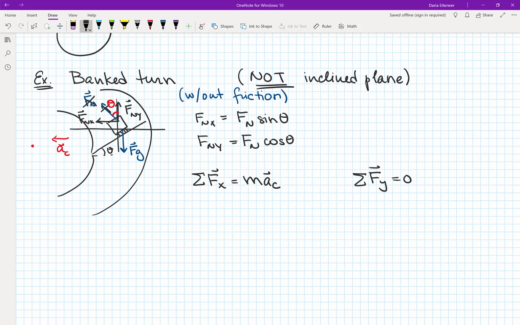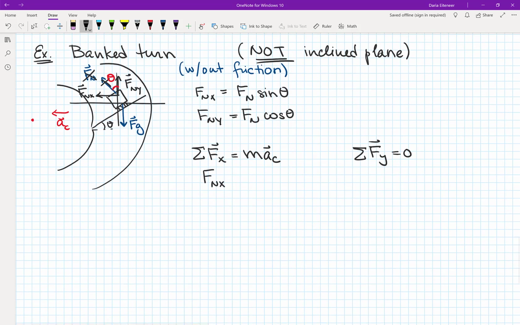So the car is not jumping up and down or falling through the surface, nothing of that sort. So for the x direction, I only have Fnx contribution, right? So here, this is my centripetal force. So a component of a normal force can also play a role of centripetal force, okay?